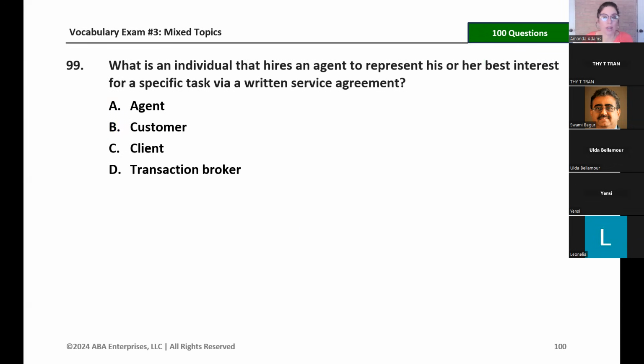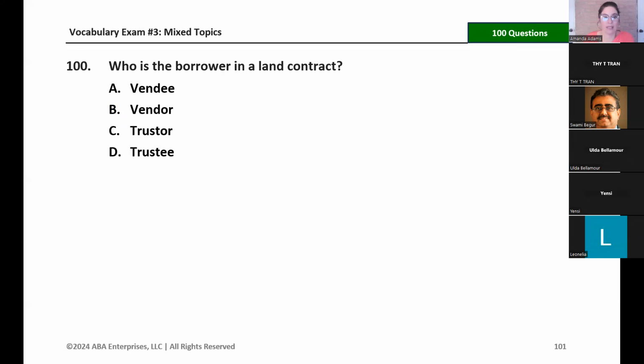What is an individual that hires an agent to represent his or her best interest for a specific task via a written service agreement? What do we call that person? That is called a C, a client. All right, and last question.